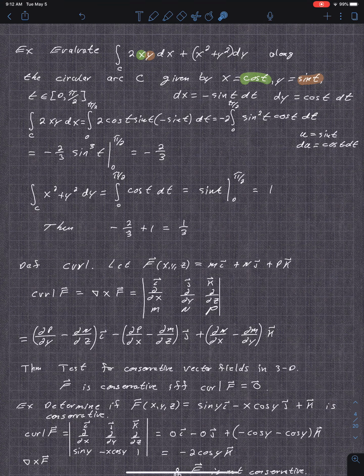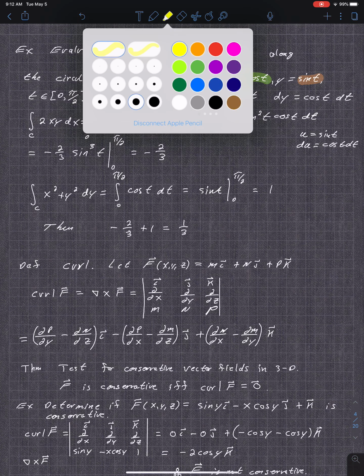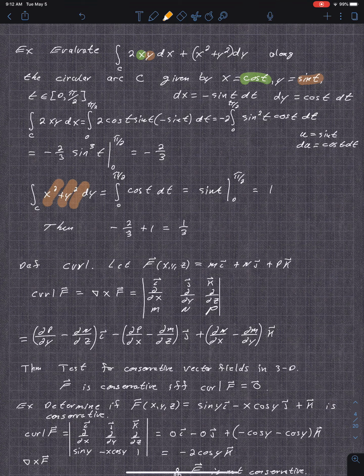I did that separately. I'm doing one at a time. I'm going to erase this later, but I'm doing this one first, and then I'm doing the other one. They're separate integrals, and then let's add them together.